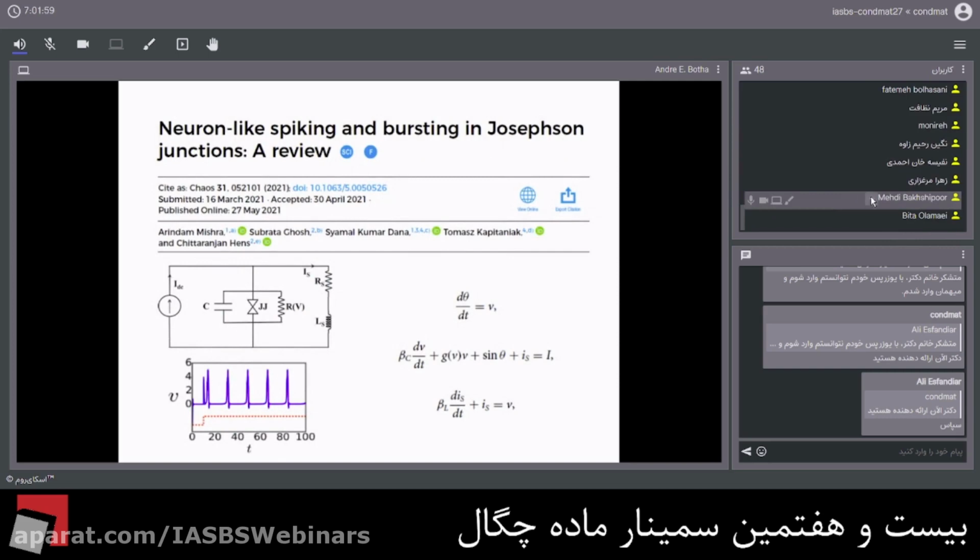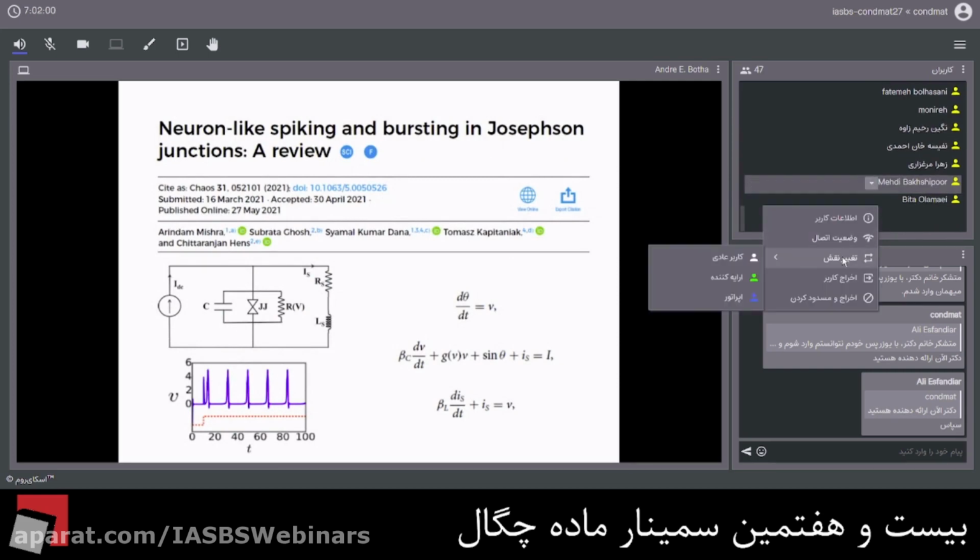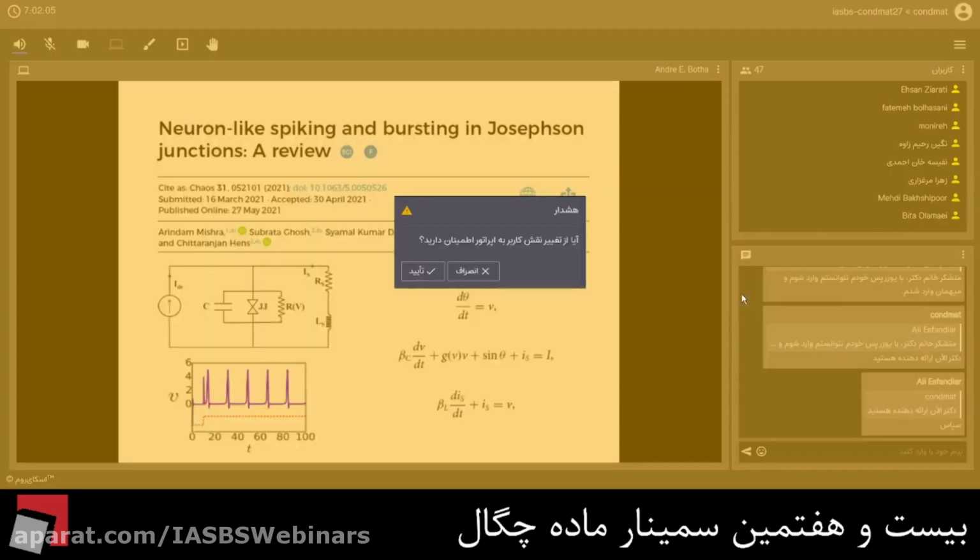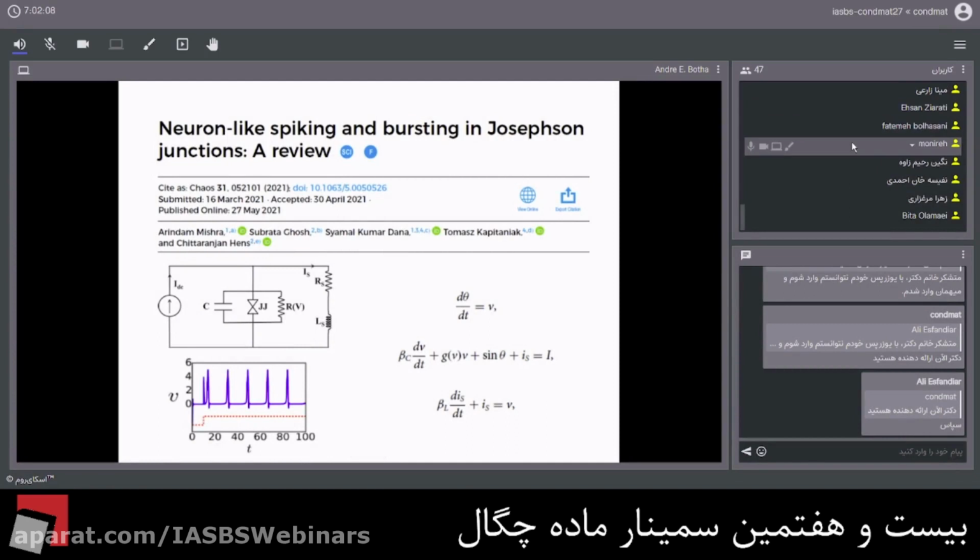Then recently, one will also find a review of the idea of using Josephson junctions for modeling spiking and bursting in neurons.